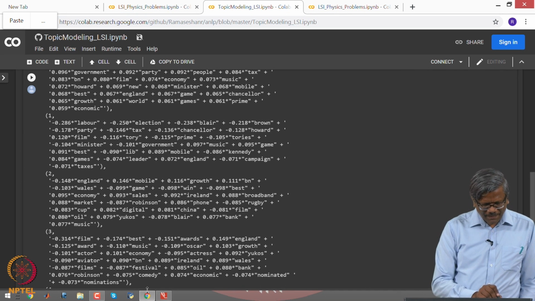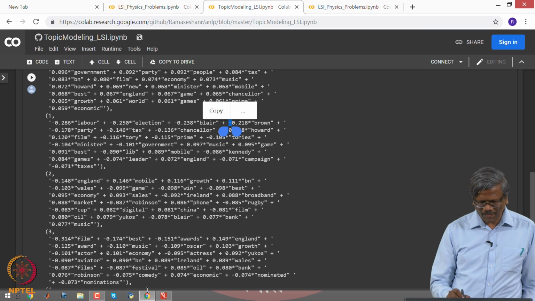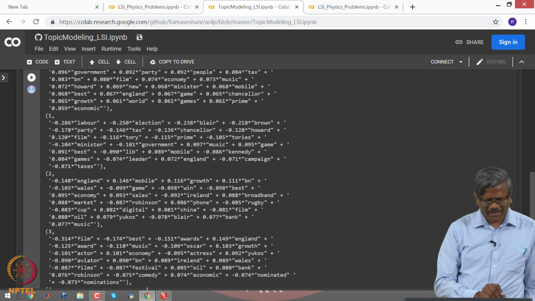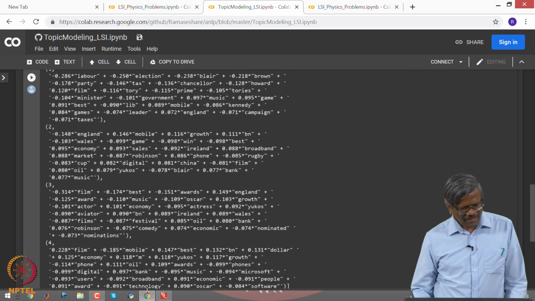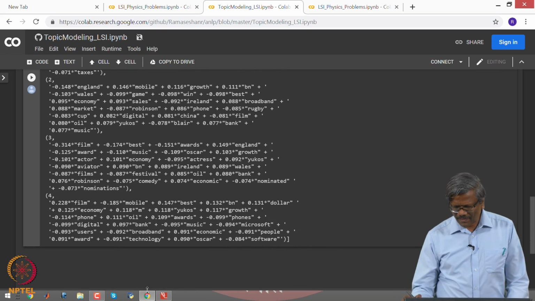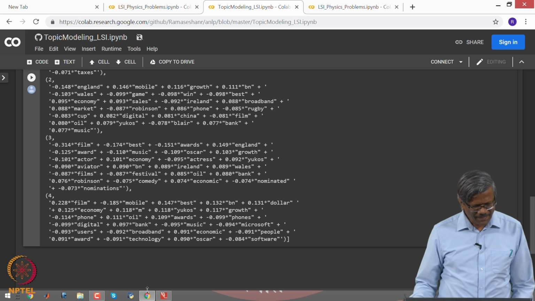So we have Labour, election, Blair. You see the values being small, right, on the negative side. So again, it is not very clear. It has not picked up the class very clearly.